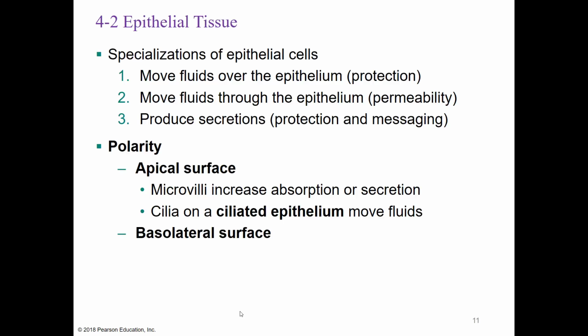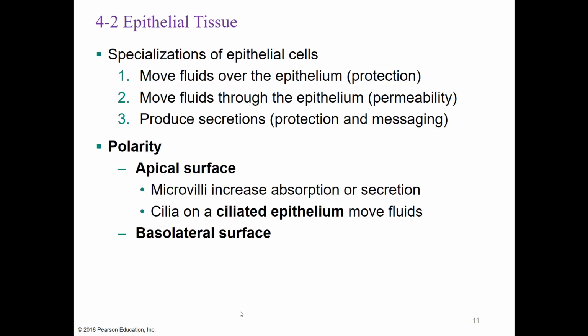And repeating here, polarity. So we talked about the apical surface. Again, this is where the cell is exposed to an external or internal environment. We talked about the top of the skin would be the apical, or if we were discussing the lining of the intestine, the apical surface would be facing the hollow inside of the intestine.